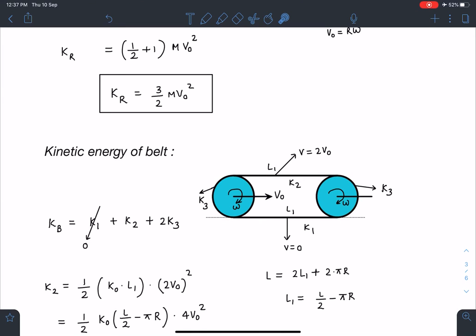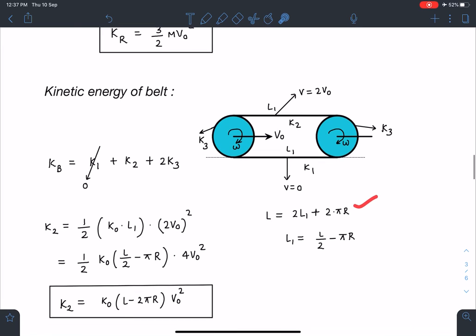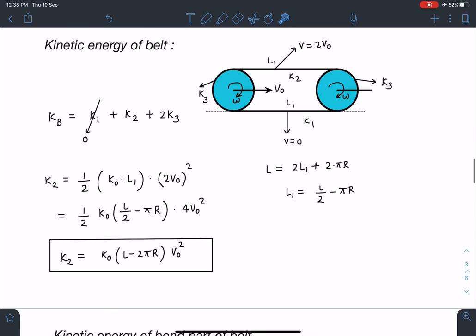So 2L1 plus 2 pi r is equal to L. From here I'm going to get this L1 value as L by 2 minus pi r. When I substitute this value, I am getting the K2 value as K naught times L minus 2 pi r, V naught square.